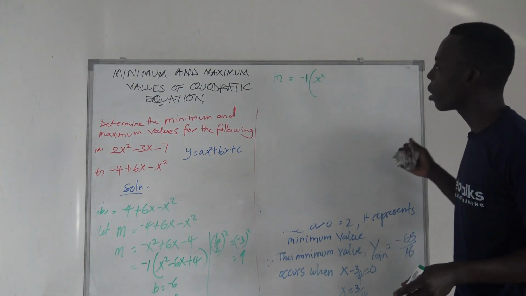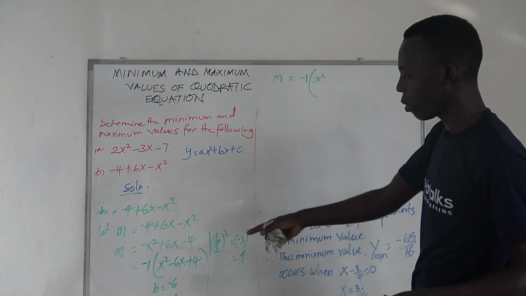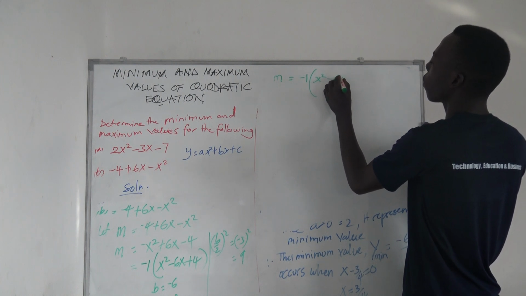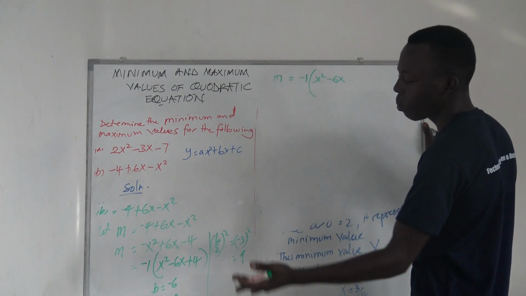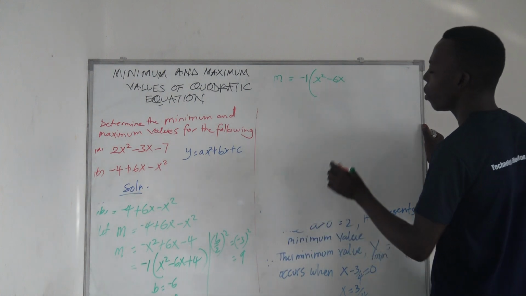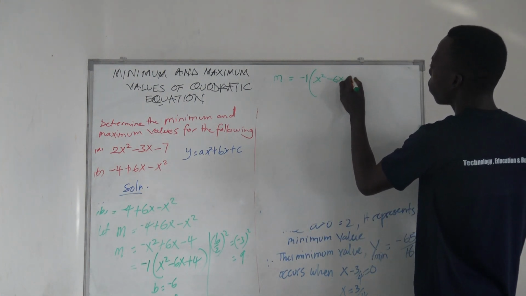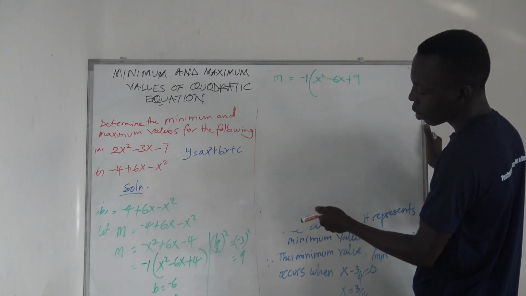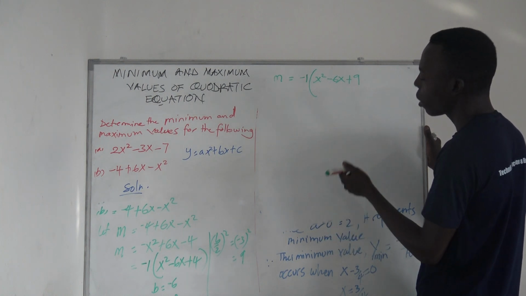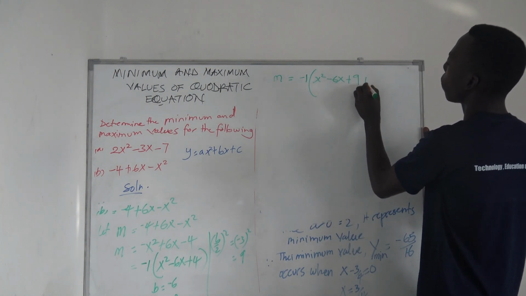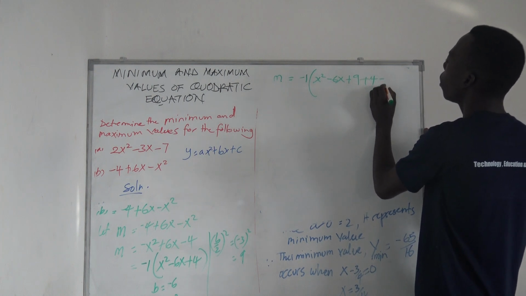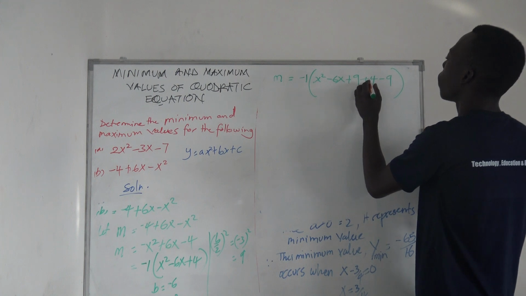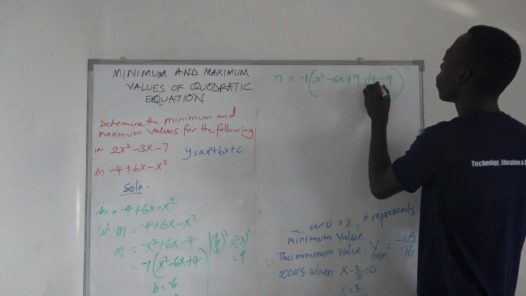Now, after getting the x squared, we work on b, which is negative 6x. At b, we have to add what we have got after squaring, which is a 9. Also deal with the other one, which is a plus 4. Then here we subtract what we have squared.